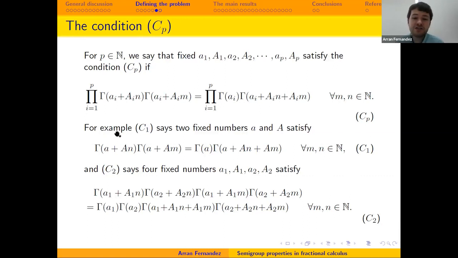So for example, the condition C1 says that little a and big A should satisfy this equation for all values of m and n. If you set m equals 0 or n equals 0, this is clearly true. But if you put m equals n equals 1, the simplest positive case, you get gamma of a plus A times gamma of a plus A equals gamma a times gamma of a plus 2A.